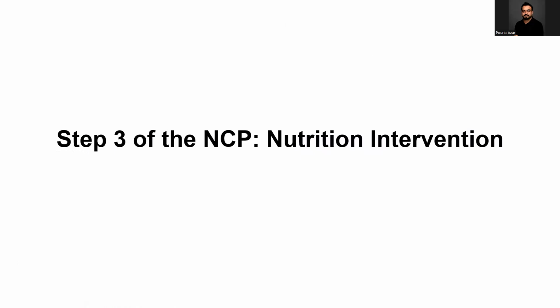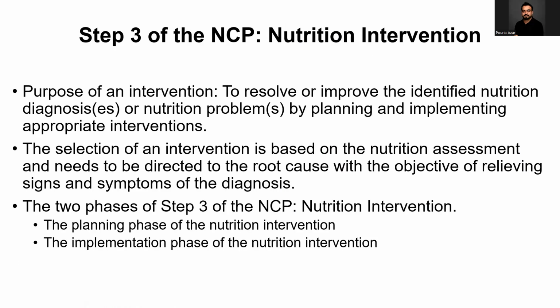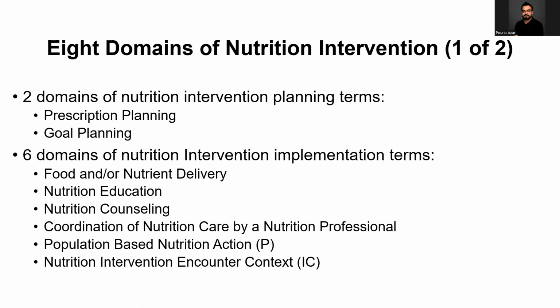The third step is nutrition intervention, and the purpose is to resolve or improve the nutrition diagnosis or nutrition problems by planning and implementing appropriate interventions. We have two phases here: the planning phase and the implementation phase. For the planning phase, we have prescription planning and goal planning.